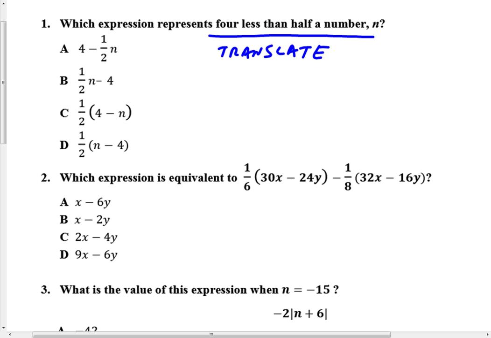If you see 3 less than 100, what actually comes first? The 100. The thing that comes after the word less than. What comes after the word less than? Half the number. Half the number n.